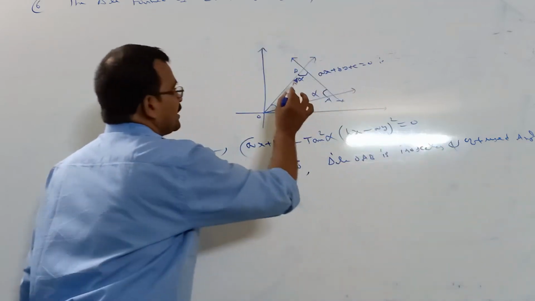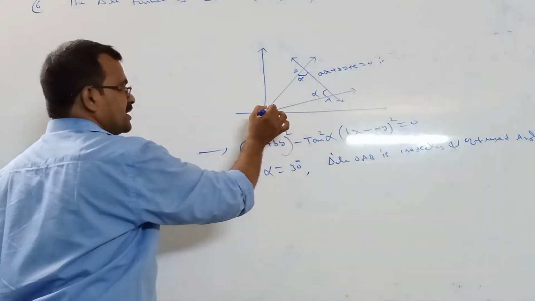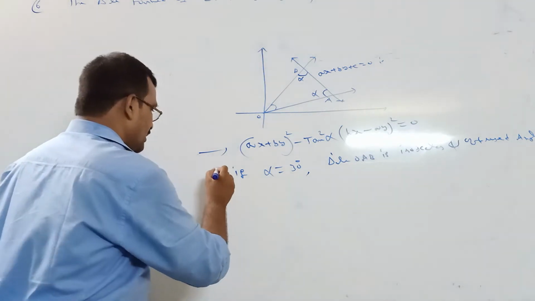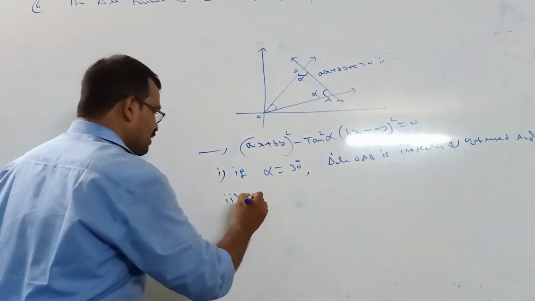Why? Because 30, 30, obviously this angle is 120. Isosceles and obtuse angle triangle. This is case 1. Case 2.